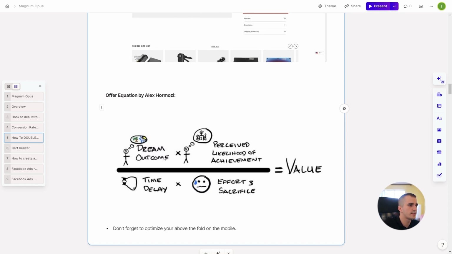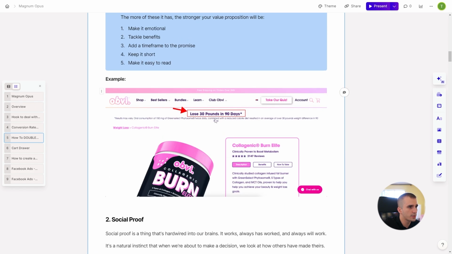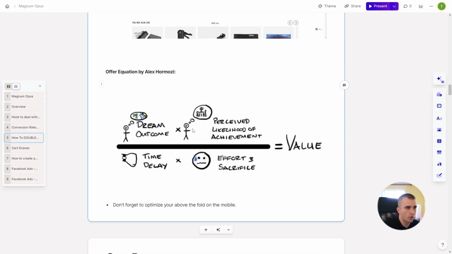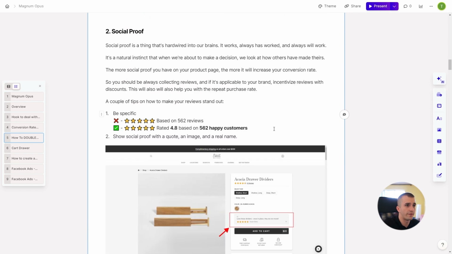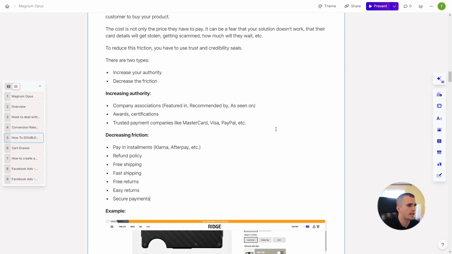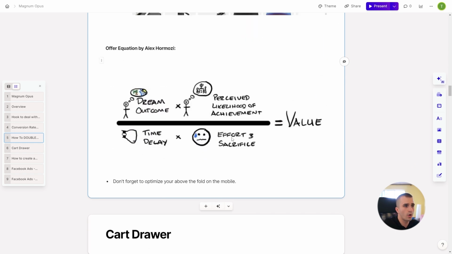You show your customers that they will achieve the dream outcome by stating the value proposition. Then you are showing the perceived likelihood of achievement by showing the social proof. So if other people have experienced that benefit, there's a high chance that your new customers will experience it as well.